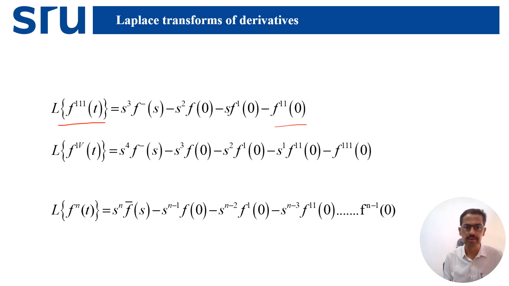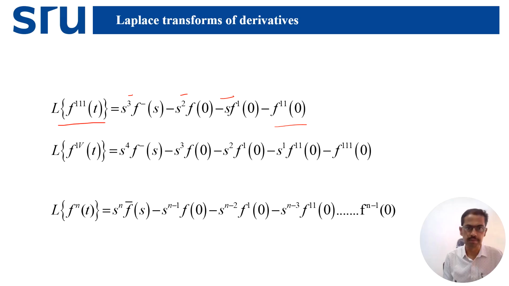You should observe that the third order derivative starts with s cube. Then the s power decreases: s cube, s square, s, and then s power 0. Now f bar of s, this is s square and f of 0, f dash of 0, f double dash of 0.